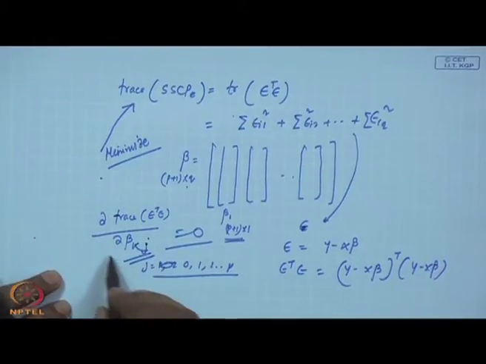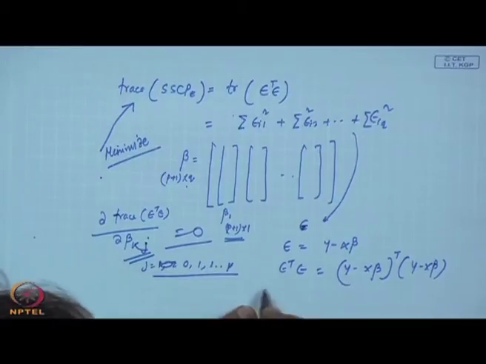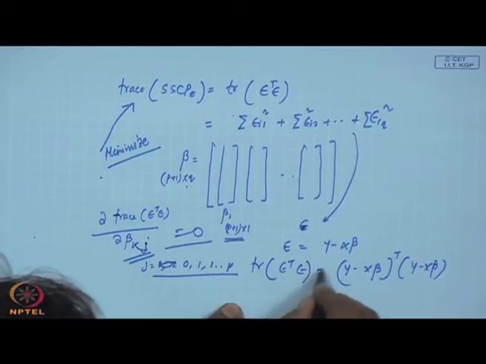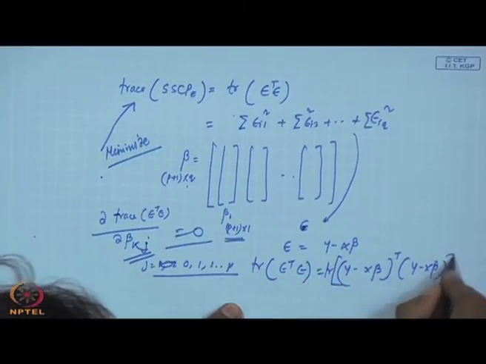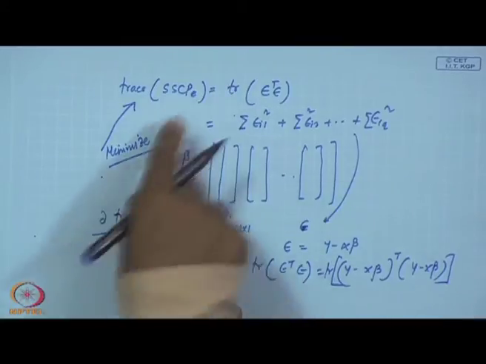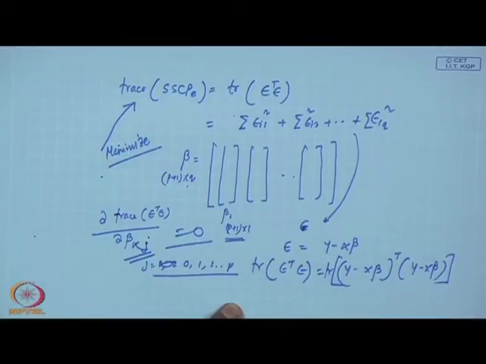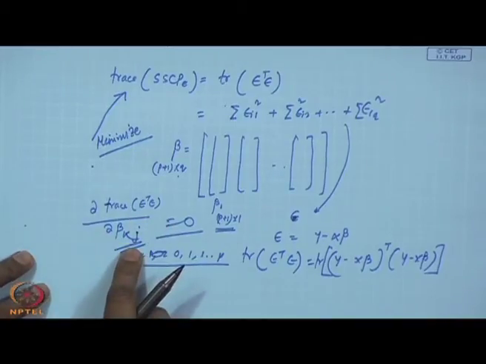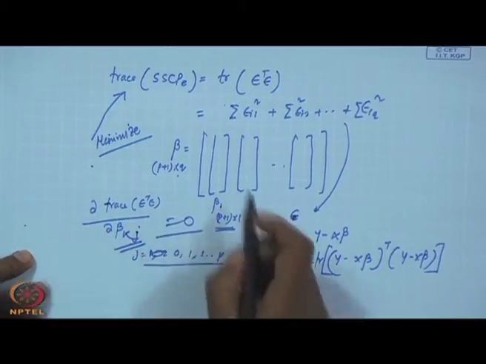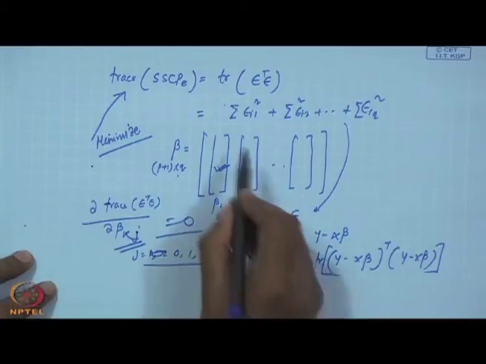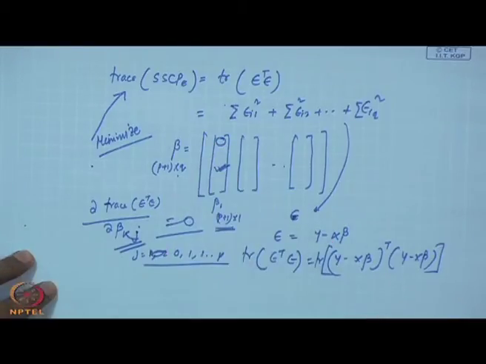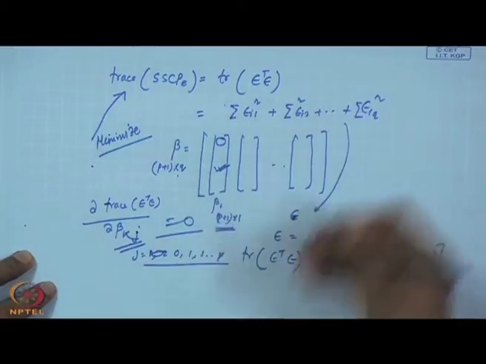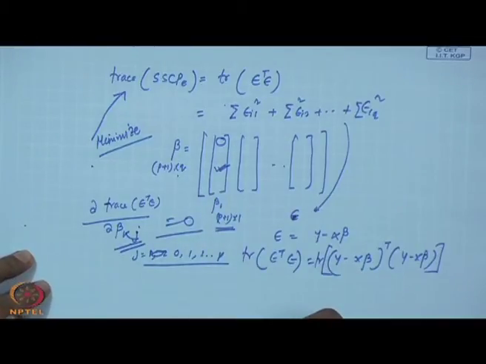When we take the trace, that means only the diagonal elements are coming. Then when you take the derivative of this with respect to, say, beta 1 and that too beta 10, all other things become 0, and only that quantity will be used for the derivation.